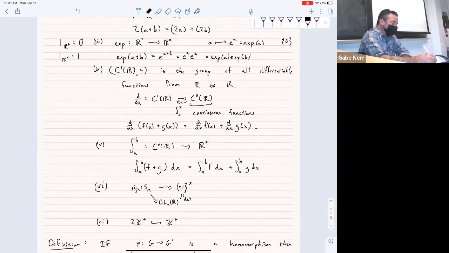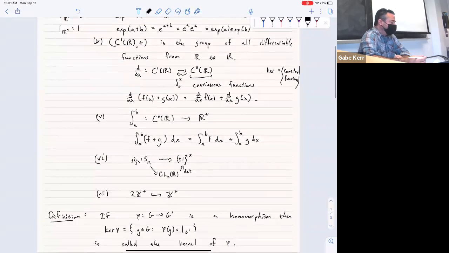As we saw a moment ago, the kernel here, in this case, is just constant functions. Integration has what? What do you think for the kernel?